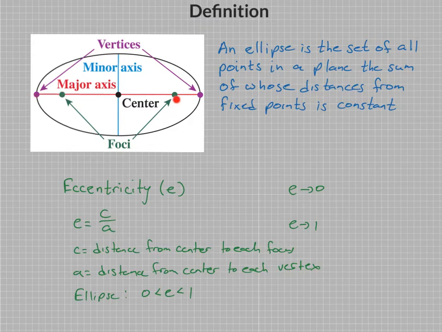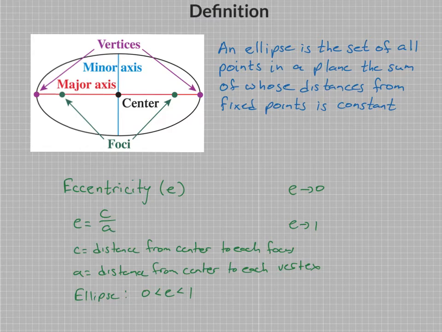Those two fixed points, foci, and then we have our center point. The center point is at the intersection between the major axis and the minor axis. So the major axis is the longer of the two axes. The minor axis is the shorter of the two. Also, they'll be perpendicular to each other.